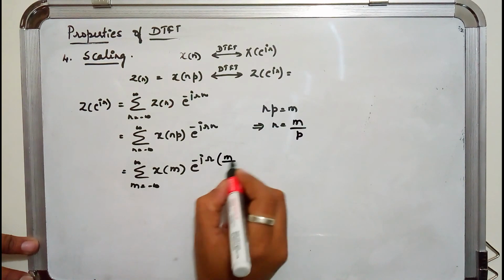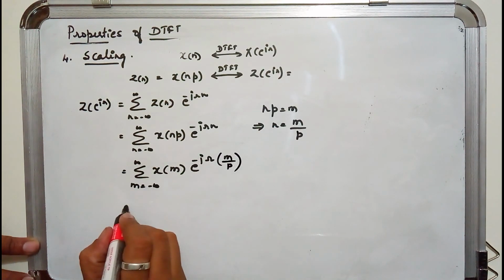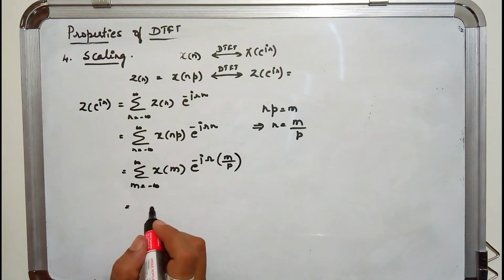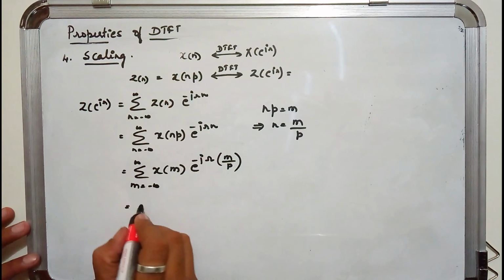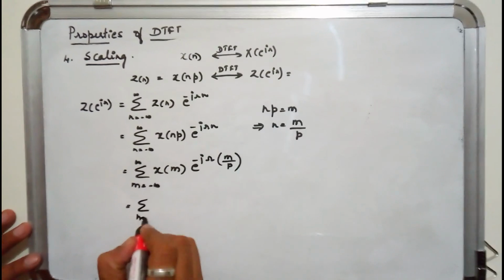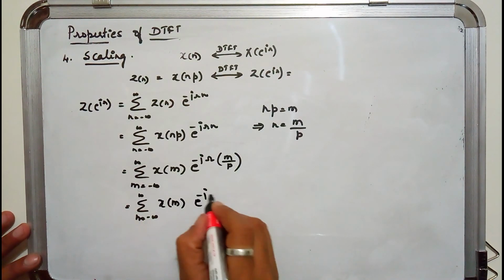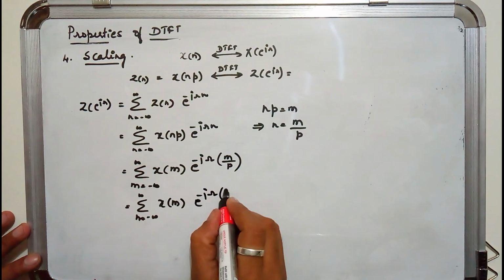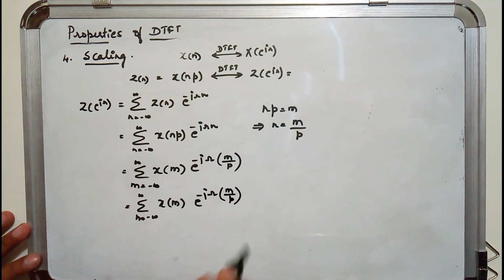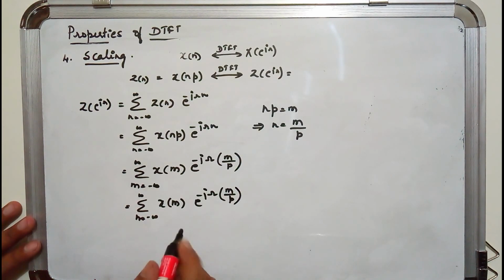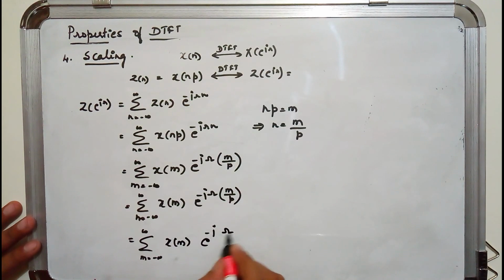So this will be equal to summation m is equal to minus infinity to infinity x of m e power minus j omega into m by p. If I rearrange this, summation m is equal to minus infinity to infinity x of m e power minus j omega by p into m.